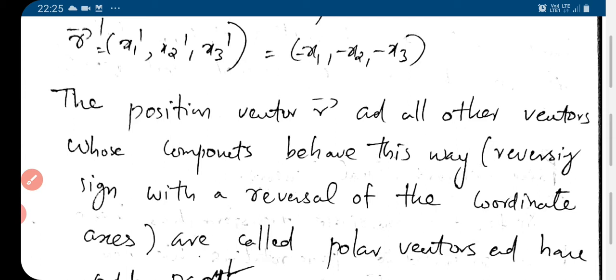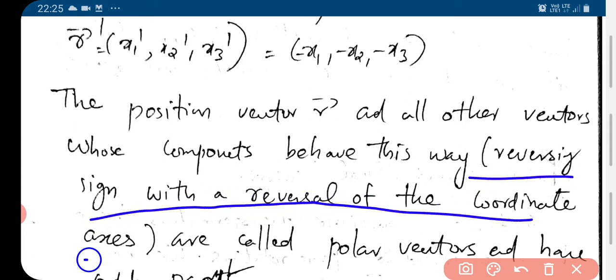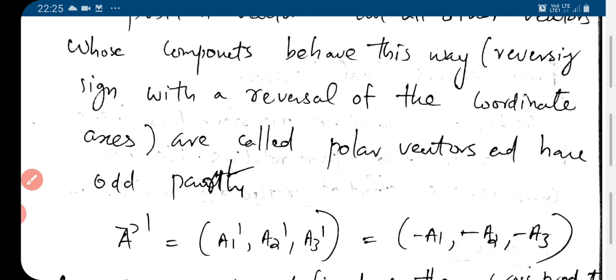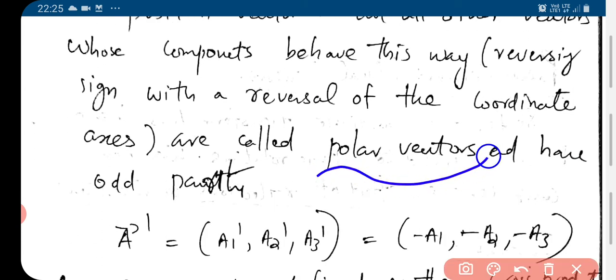The position vector and all other vectors whose components behave this way, that is, reversing sign with the reversal of the coordinate axis, are called polar vectors.